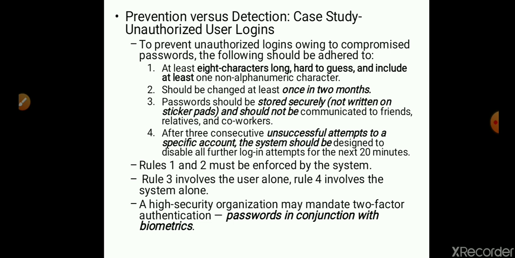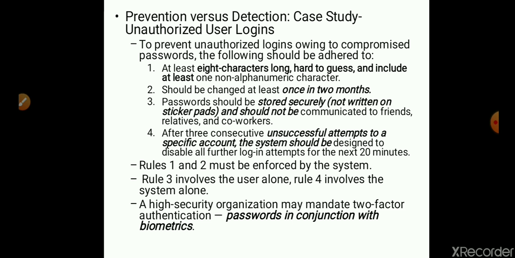How can we avoid this? Just follow the four rules. The first one is to have a password which is at least 8 characters long, and we have to include a non-alphanumeric character. The next one is we have to keep changing the passwords once in 2 months.